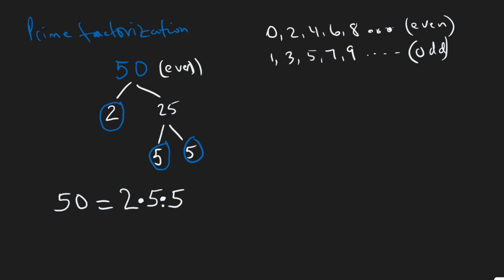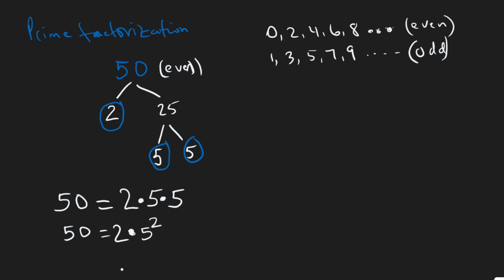And since you get the 2 and 5 here, if you want to be a little fancier, you can write 50 is equal to 2. I haven't spoken about exponents yet, but let me assume some of you watching this video understand exponents. We get 5 taken 2 times as a factor, so we might write a 5 and square that.